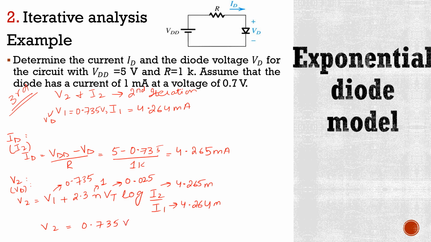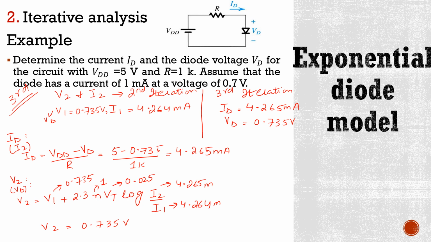So the results of the third iteration are ID is equal to 4.265 milliamperes and VD is 0.735 volts.